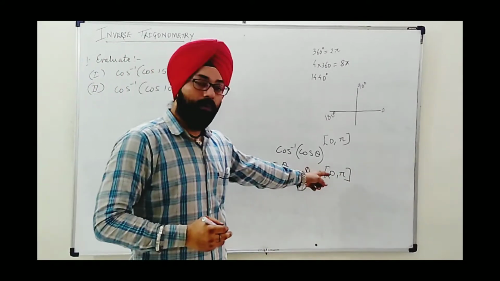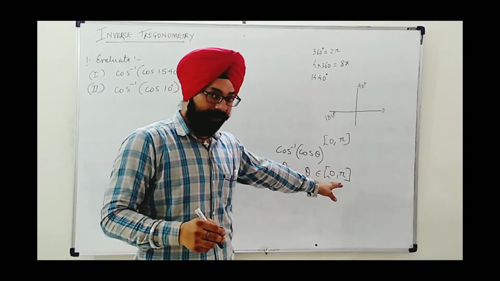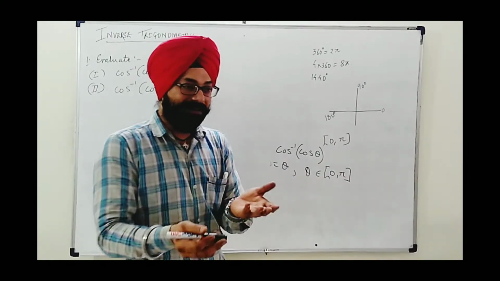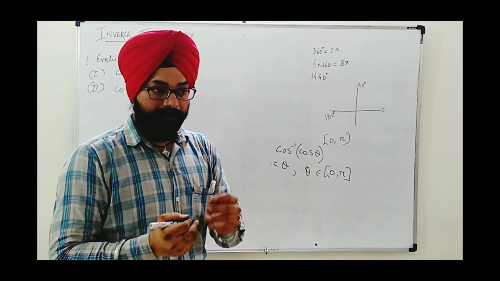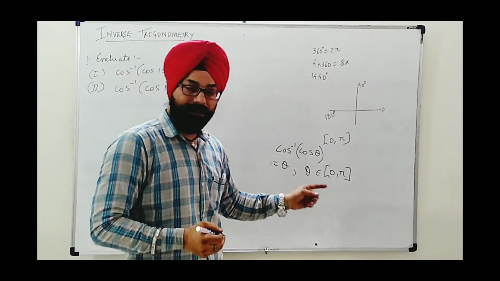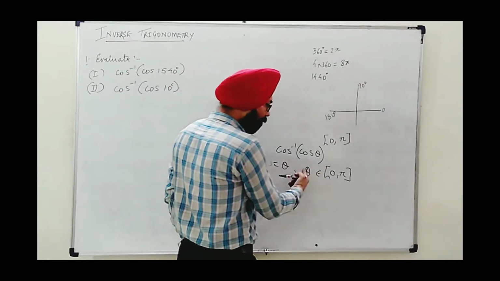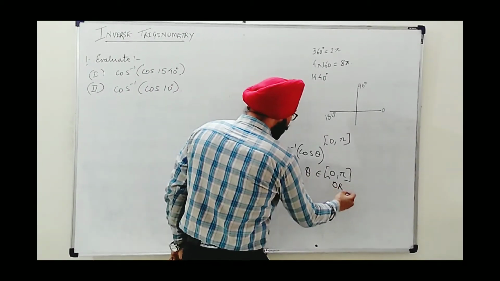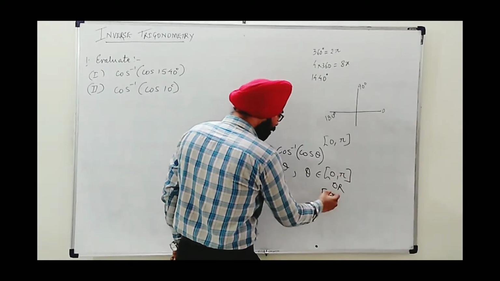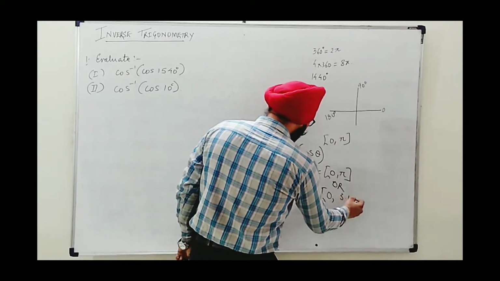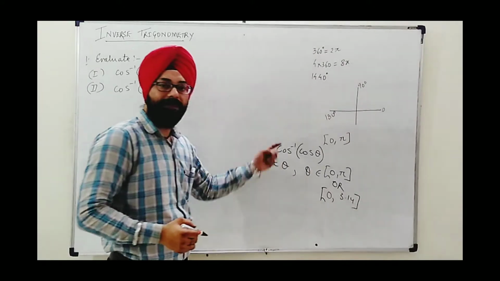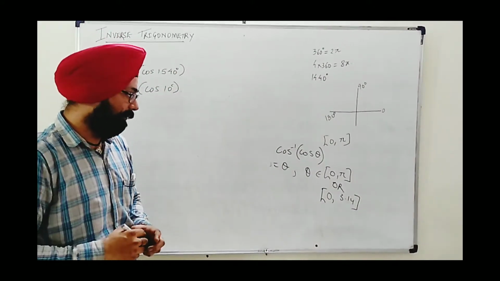Now pi, as we know, is the symbol we take for radian, so 0 to pi means the angle is measured in radian. But by value, pi is equal to 22 by 7 or 3.14. That is, in terms of radian, this angle should be between 0 and 3.14. Then only can we cancel by the law of cancellation.